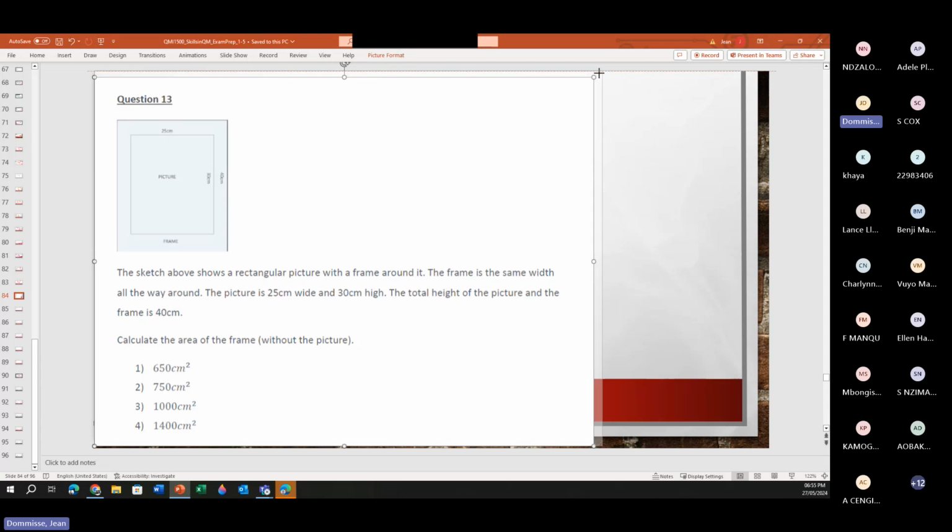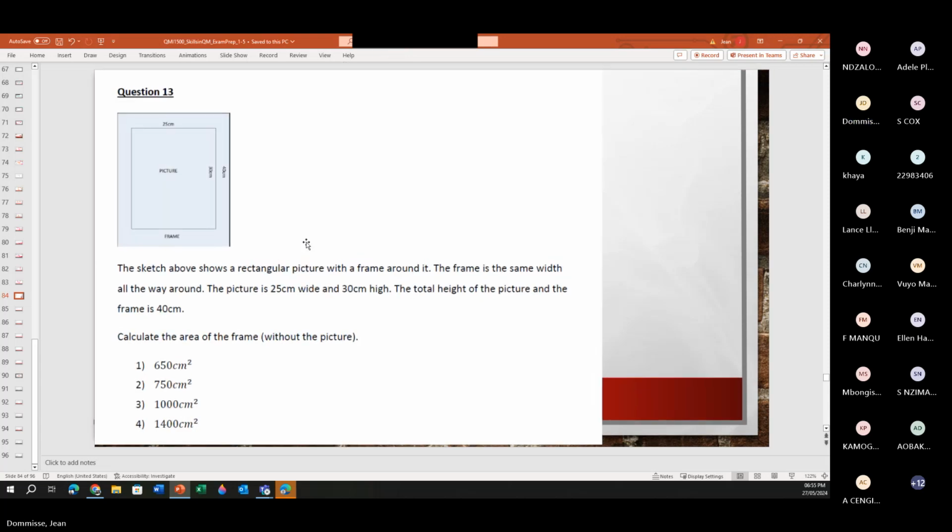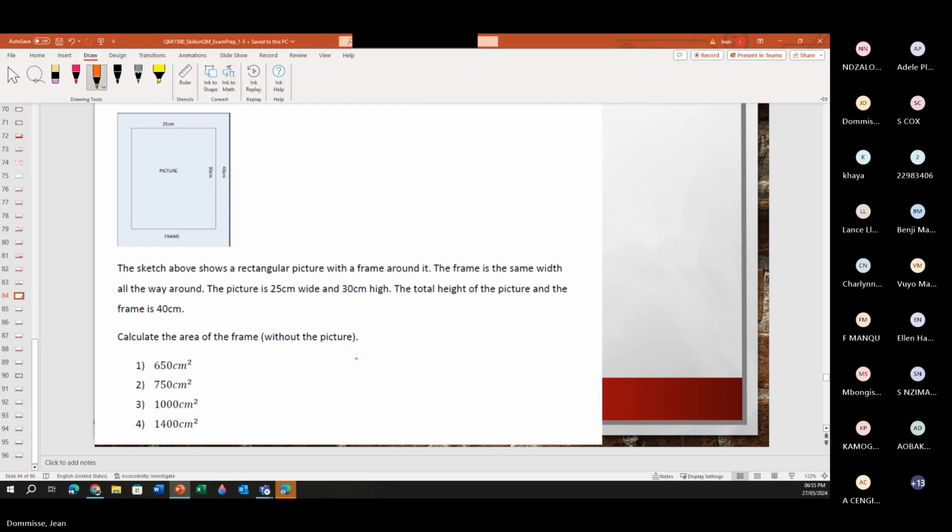Okay, so here is another one. The sketch above shows a rectangle with a frame around it. The frame is the same width all the way around.